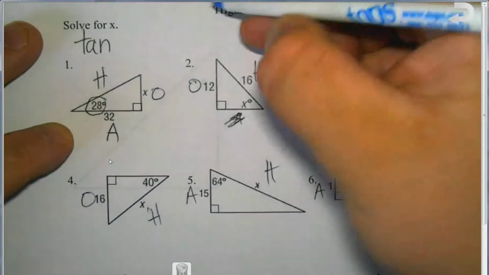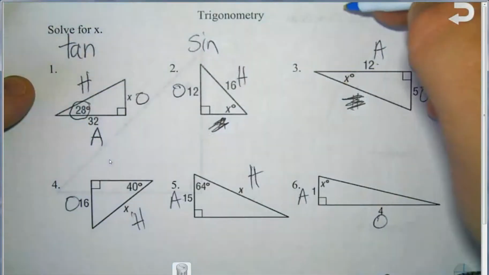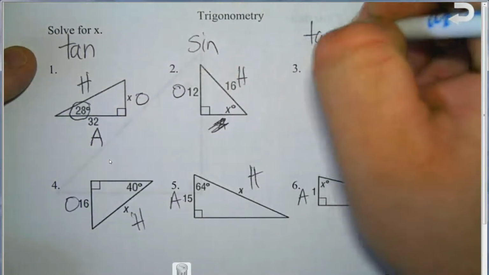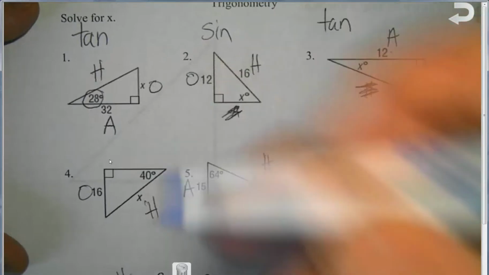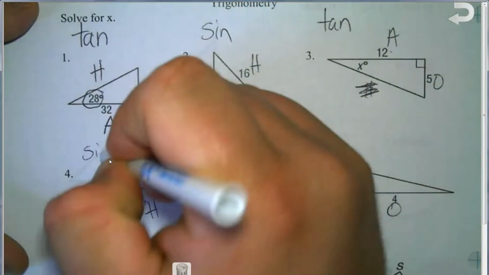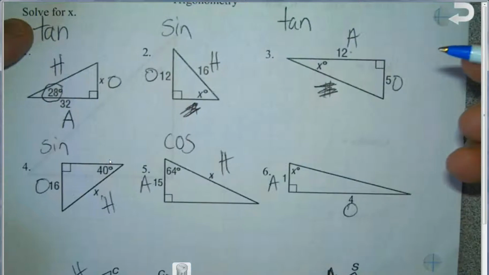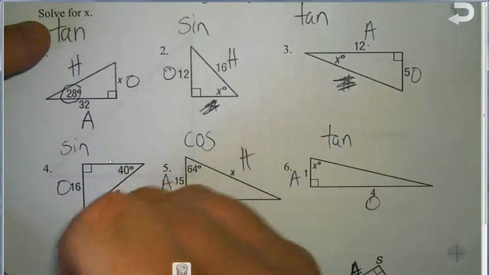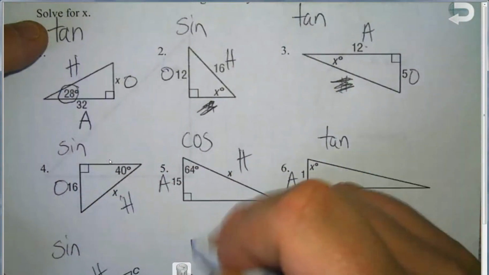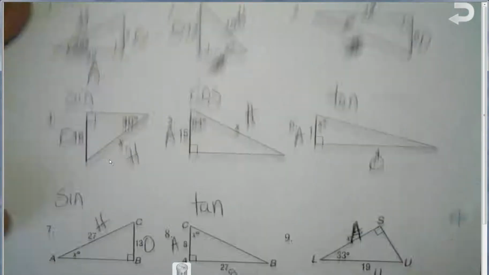Number 2, sine. Number 3, tangent. Don't be lazy. Say the word out. Number 4, sine. Number 5, cosine. Number 6, good. 7, 8. 8 is tangent.